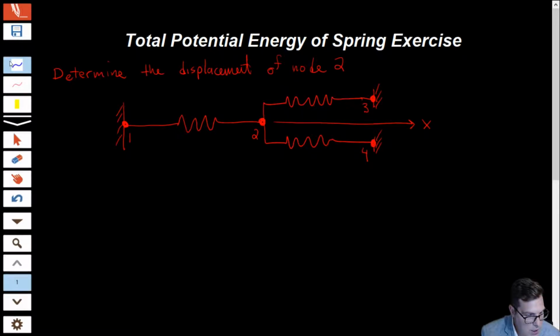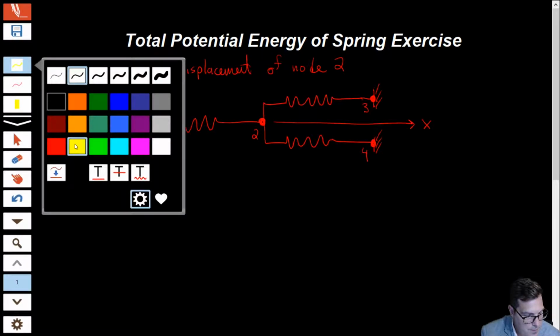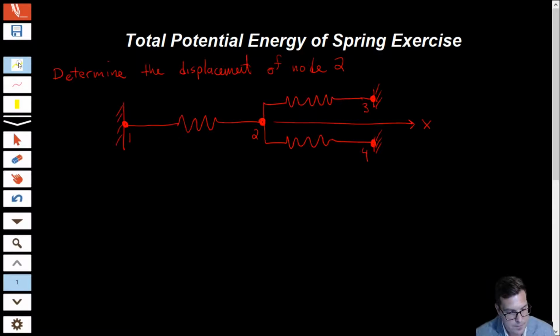Let's change that to yellow. All right, so we're pulling there. Of course, we give these springs some stiffness values. That's our problem. So determine the displacement of node 2. Kind of interesting spring problem.